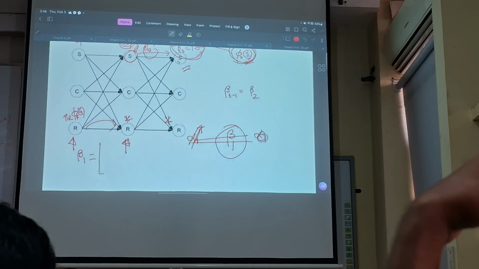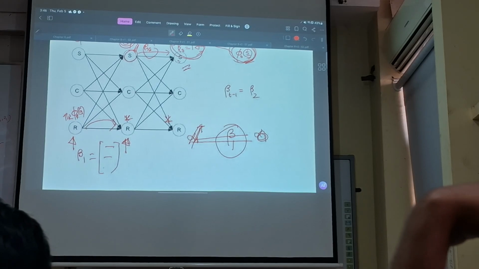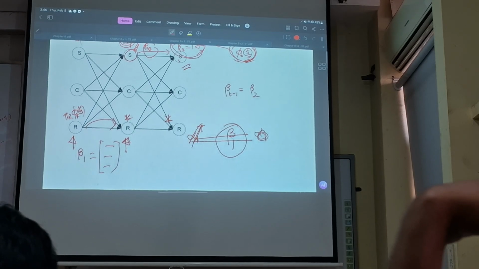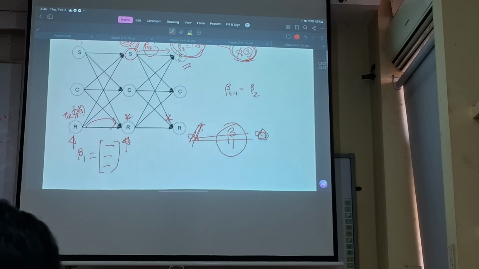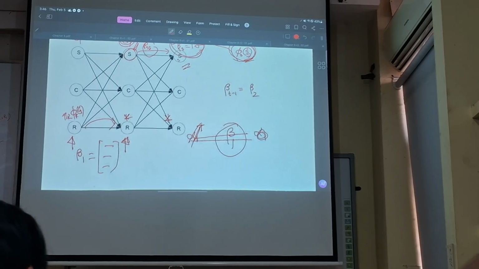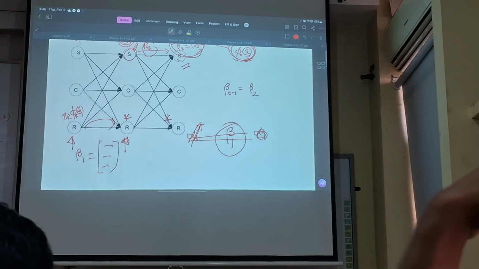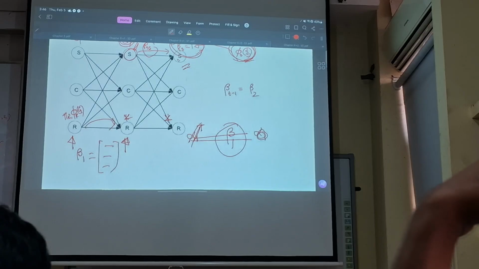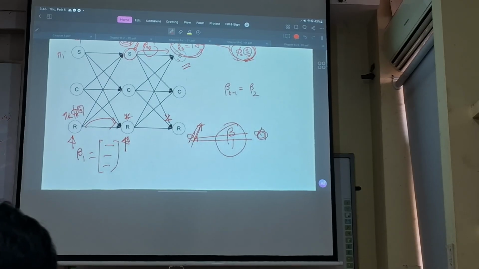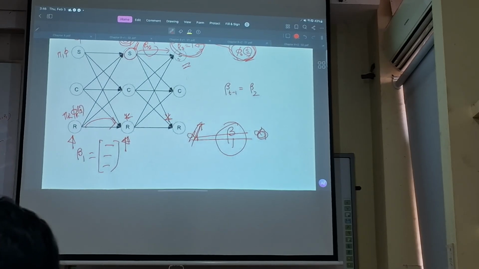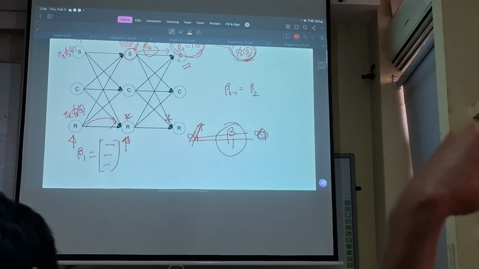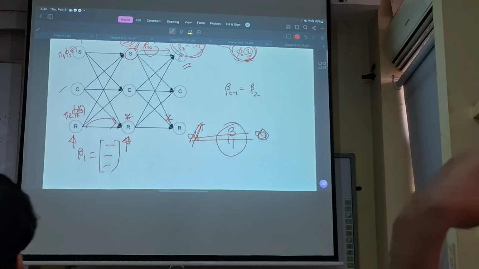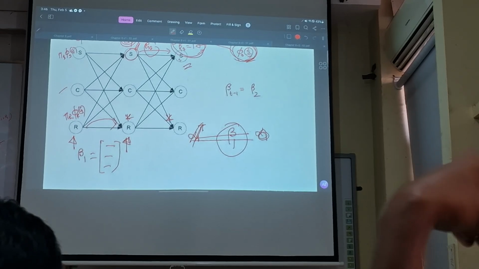Beta 1 is actually 3 probabilities, 1, 2, 3. And what we need to do is multiply this one with this pi 1 and pi s, this one and this one. Then we need to do it in two steps.